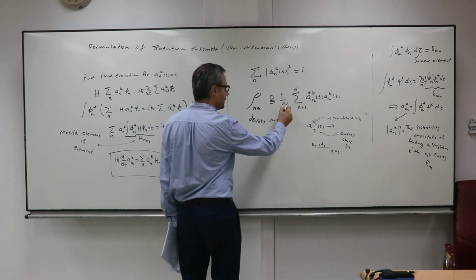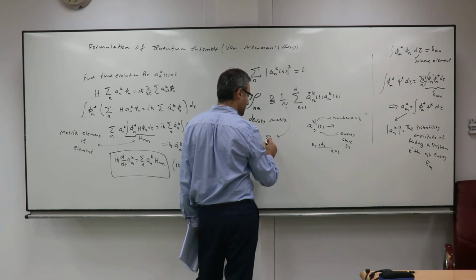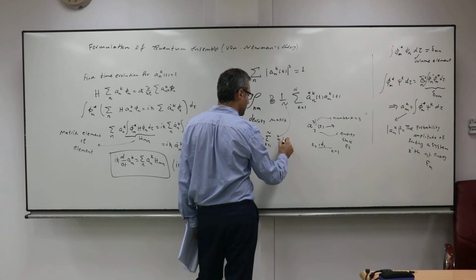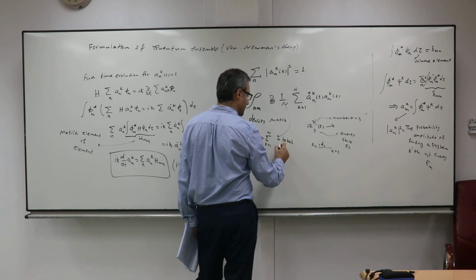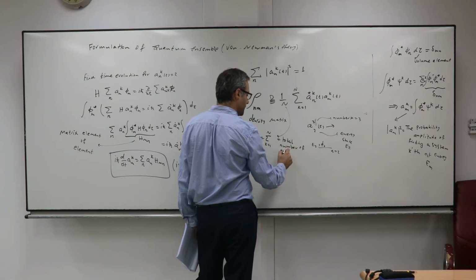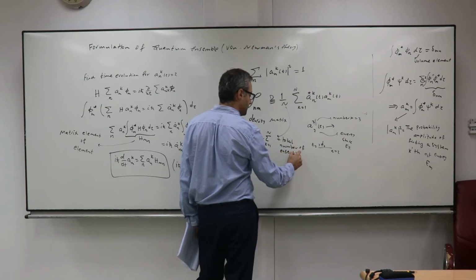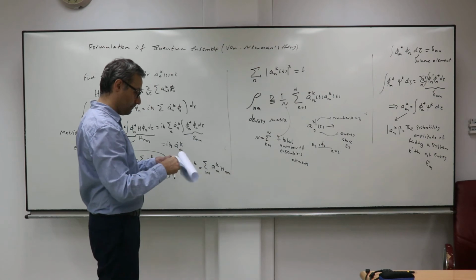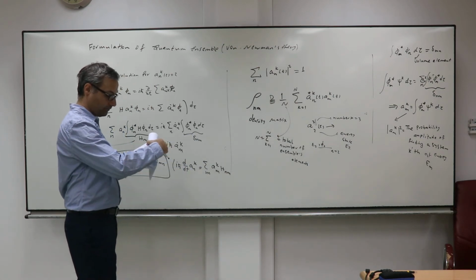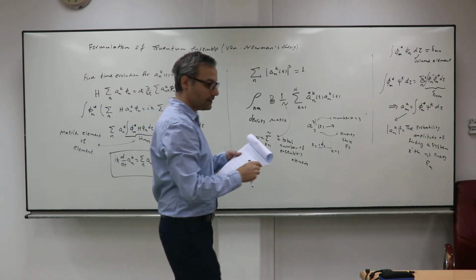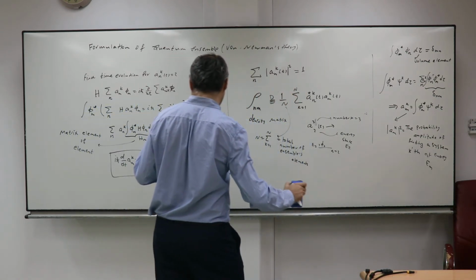And here N is sigma k from 1 to N, so this is the total number of ensemble elements. So this is the density matrix.